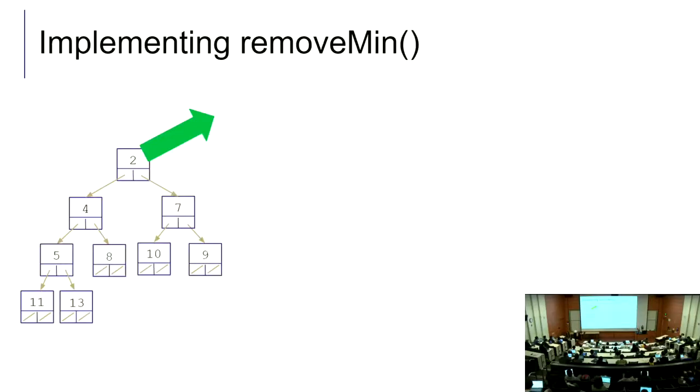Who can become the overall root? Where can I look for something that can still maintain the heap invariant, but take the place of where that 2 was? Yeah, we can look to my children, right? Like I know my children are going to be just the next level bigger than me, right?